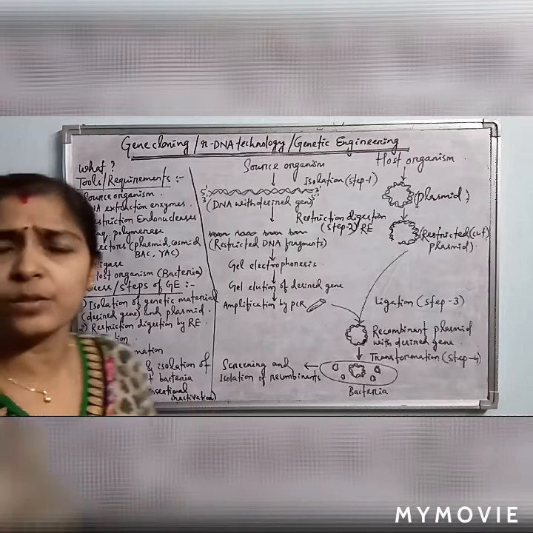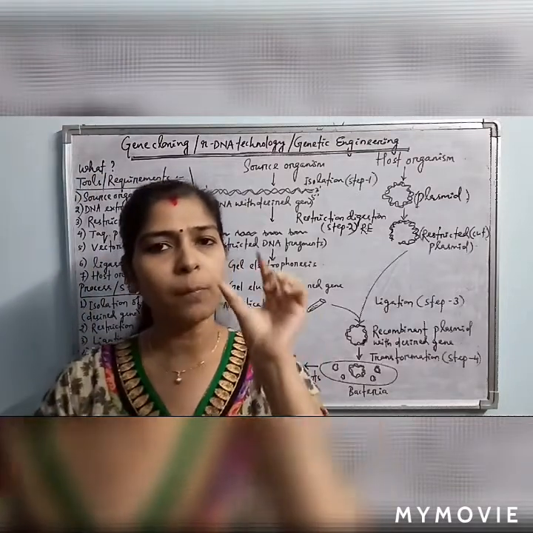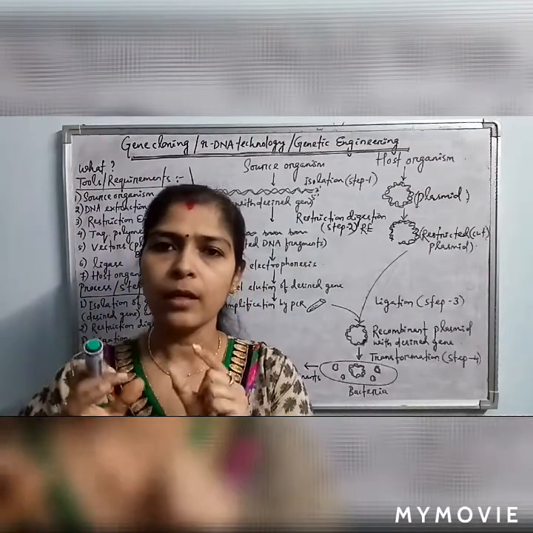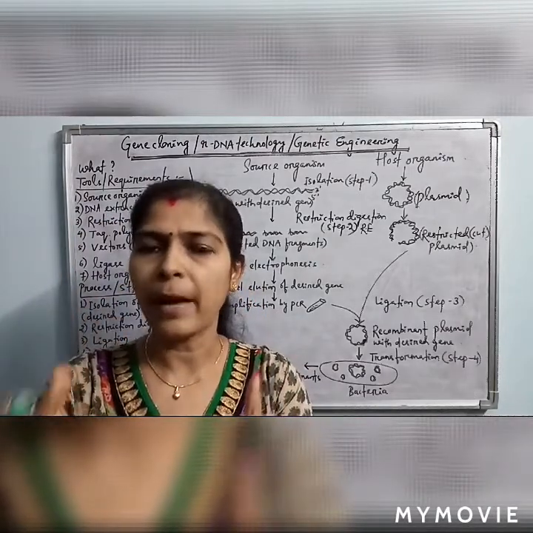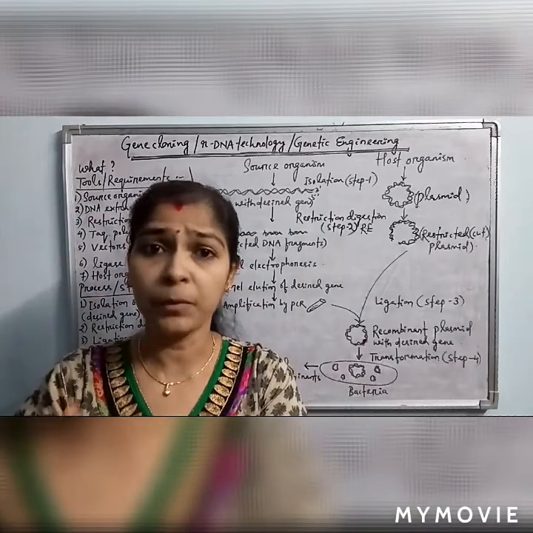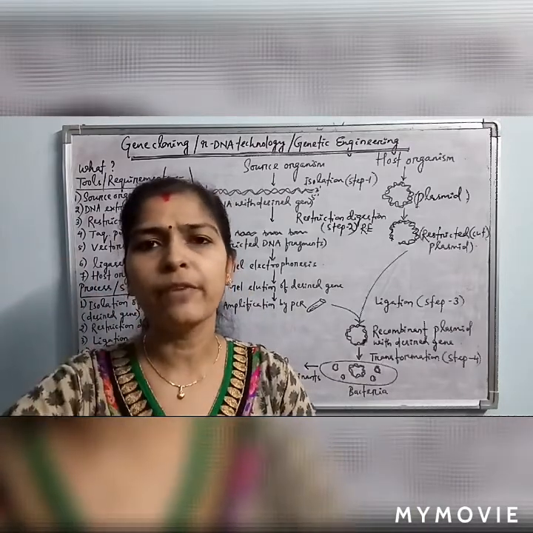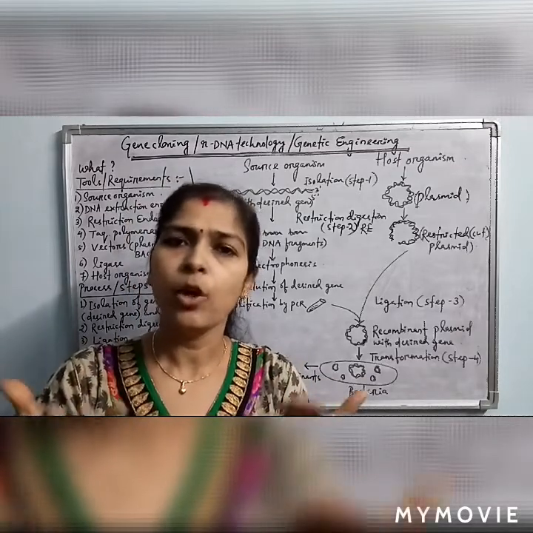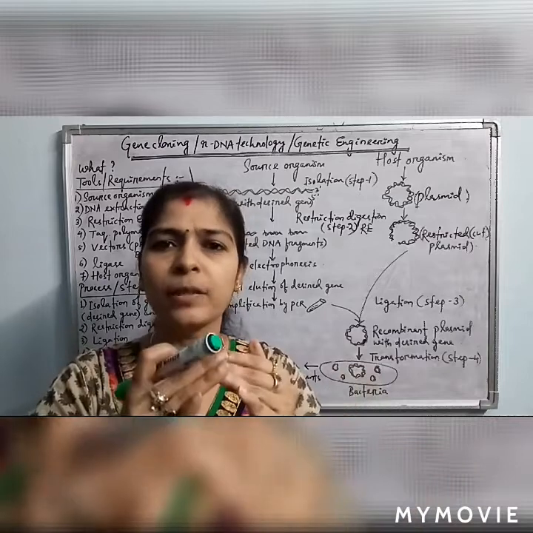What is this screening and isolation? When we add the recombinant plasmid to the bacterial solution, some of the bacteria will take in the recombinant plasmid, the plasmid along with the desired gene, and some of the bacteria will take the normal plasmid. There must be normal plasmids which ligate without the desired gene.